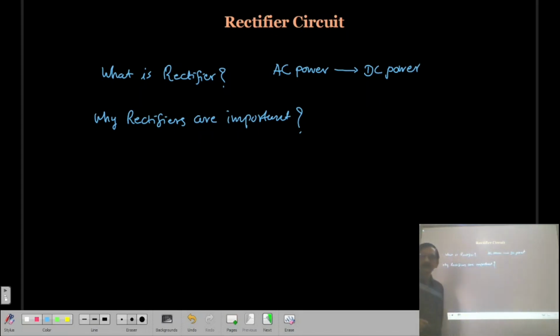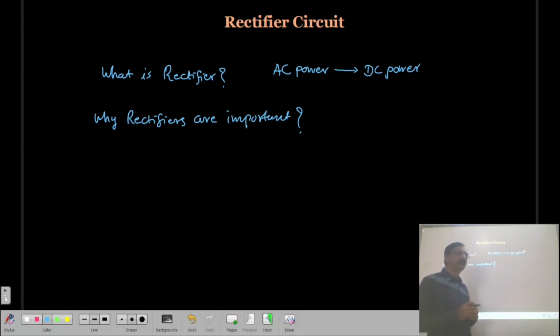So a circuit which converts AC power into DC power is known as a rectifier circuit. Now my second question: why are rectifiers important? Why do we require converting AC energy into DC energy?